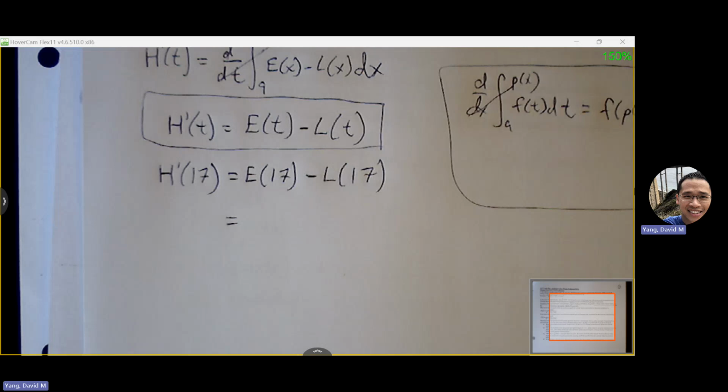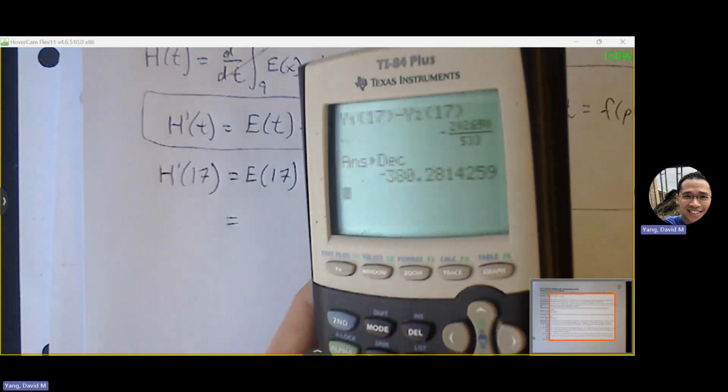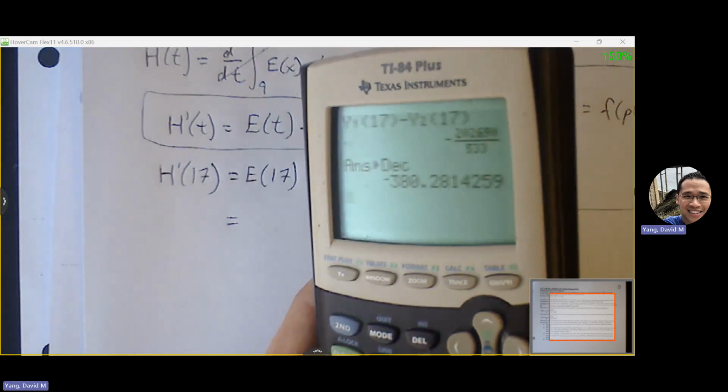So y1 of 17 minus y2 of 17. I'm converting it to a decimal here, just so I can have an easier time understanding what that number is.